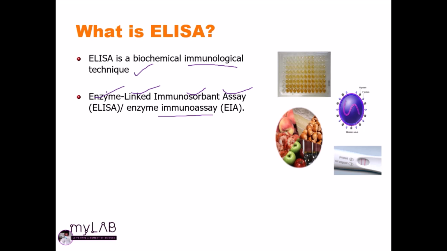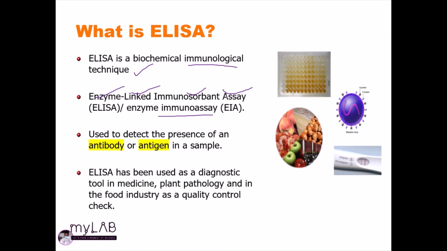Therefore, the main components of this, of course, are the enzyme linkage, then immunosorbent, because we are utilizing antigens and antibodies. So we detect either the presence of an antibody or an antigen within a sample, and this sample can be dynamic.